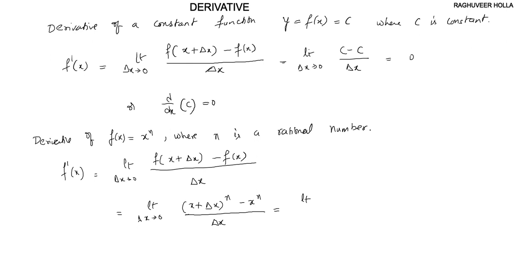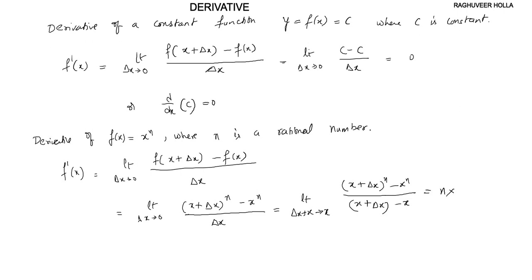So this is equal to the limit, with x plus delta x tending to x, of x plus delta x to the power of n minus x to the power of n divided by x plus delta x minus x. So we have taken adding and subtracting x in the denominator.